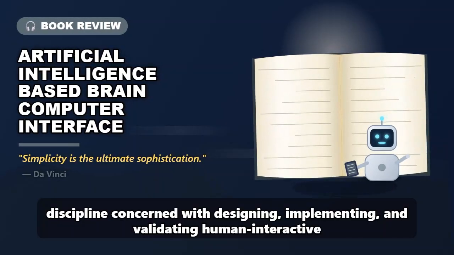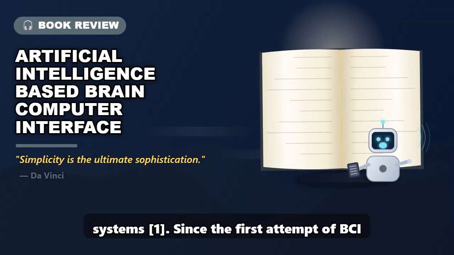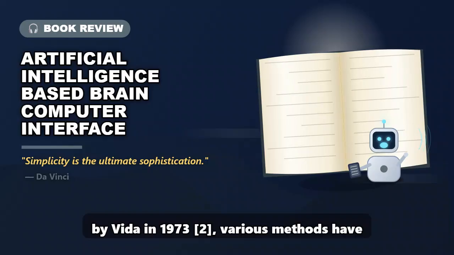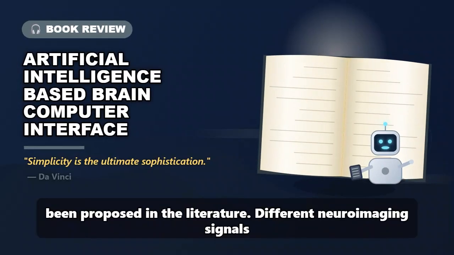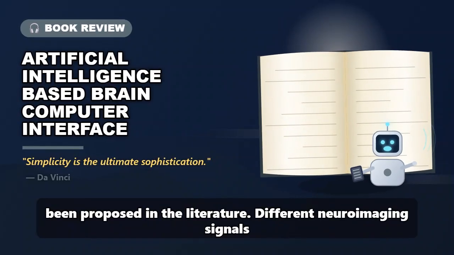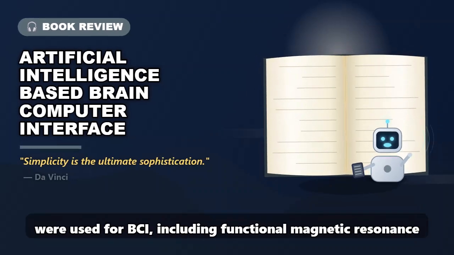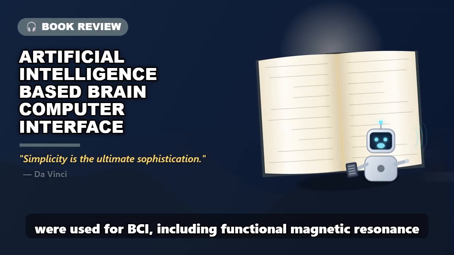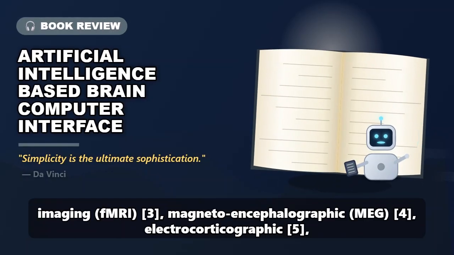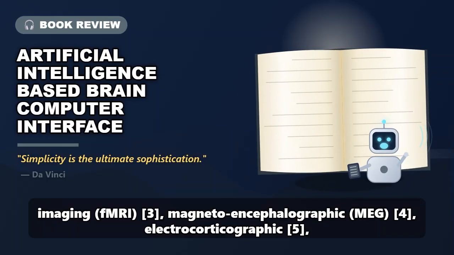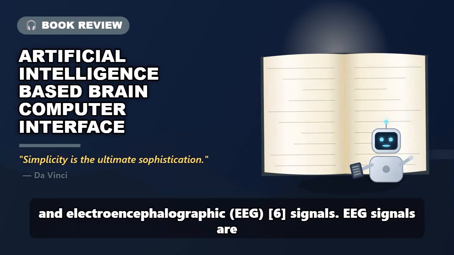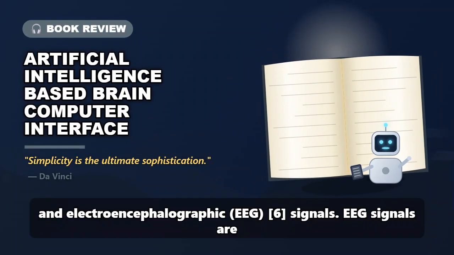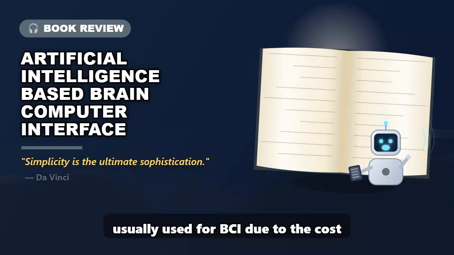Since the first attempt of BCI by Vidal in 1973, various methods have been proposed in the literature. Different neuroimaging signals were used for BCI, including functional magnetic resonance imaging, fMRI, magnetoencephalographic, MEG, electrocorticographic, and electroencephalographic, EEG, signals. EEG signals are usually used for BCI due to the cost and their high time resolution.